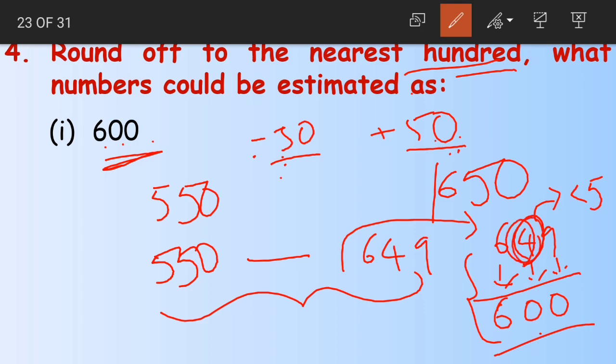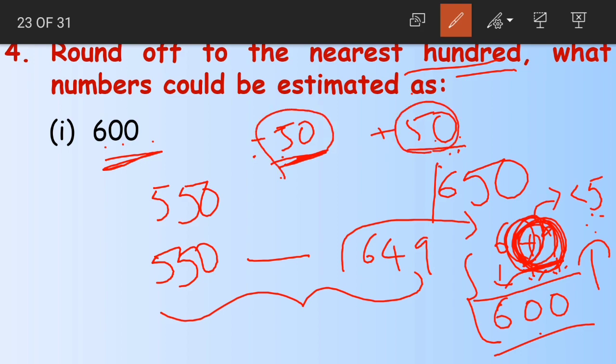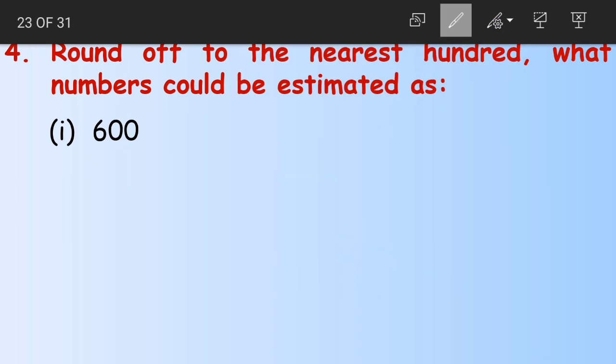Here the digit which we are comparing is in the tens place. So in short we can say that if these two digits are less than 50, then we round it down, and if it is equal to or greater than 50, we round up. So as we are taking 50 here as the criteria, we need to subtract 50 and add 50 to find out the numbers that could be estimated as 600.